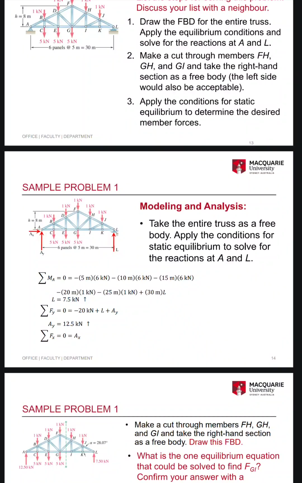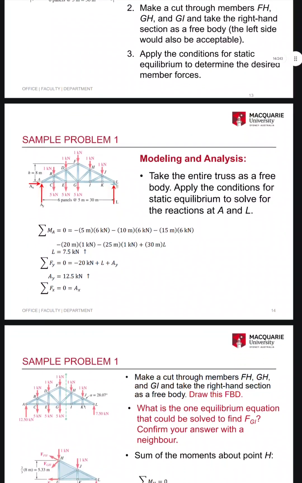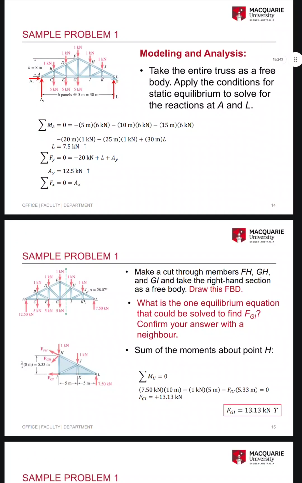Minus 20 kilonewton plus L. So it's going down. 15 and 5. Okay, 15 and 5 going down, and then plus L and AY. AY equals 0.5 kilonewton, and X equals 0. That's how we got that out.